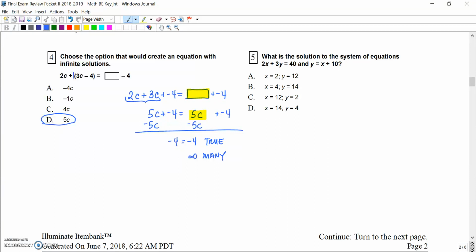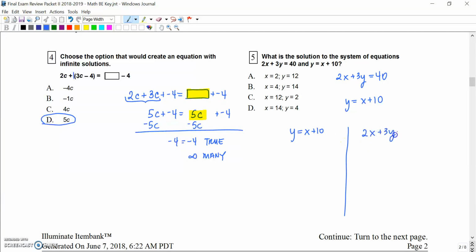Number 5, what is the solution to the system of equations 2x plus 3y equals 40 and y equals x plus 10? All right, so we're going to take the equation that is already isolated.